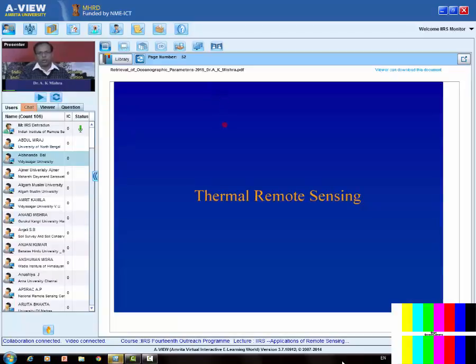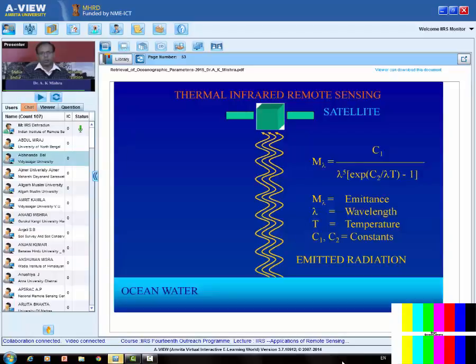Now I will come to cover the thermal remote sensing. The thermal infrared remote sensing is based on Planck's law, and whatever body is having a temperature will radiate radiation, and if you have a thermal sensor, the radiation is captured here, and when you apply this equation, you can invert this equation and find out the temperature T, means using the thermal bands.